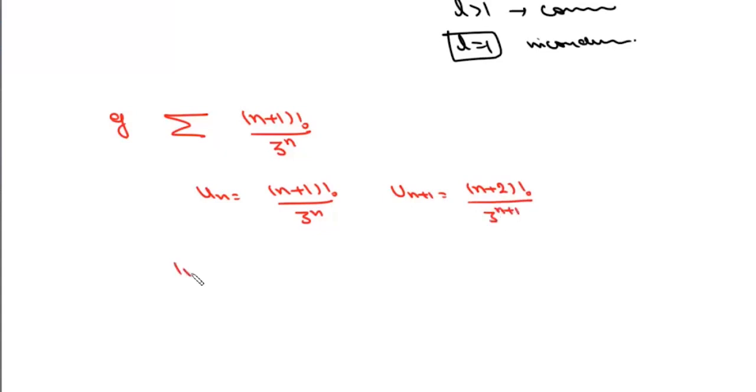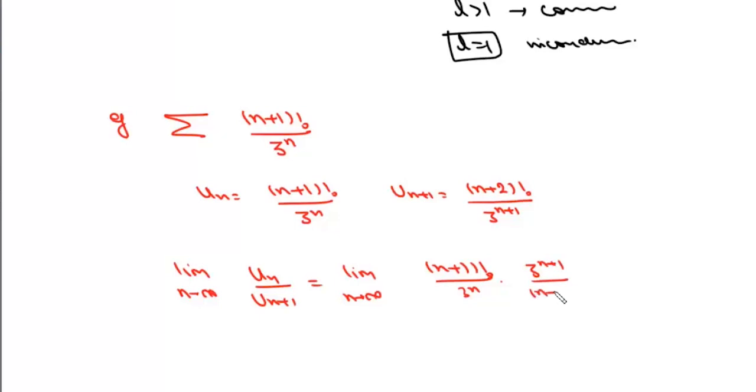Now we'll find this limit, n tends to infinity, un upon un plus 1. So it will be this limit, n tends to infinity, factorial n plus 1 upon 3 to the power n divided by un plus 1. So it will be 3 to the power n plus 1 upon factorial n plus 2.